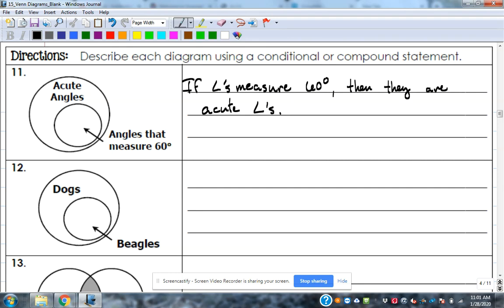Excuse me. Okay. Number 12, similar picture, dogs and beagles. If an animal is a what, then it is a what. So which one goes in the front, in the hypothesis, and which goes in the conclusion? Beagles.